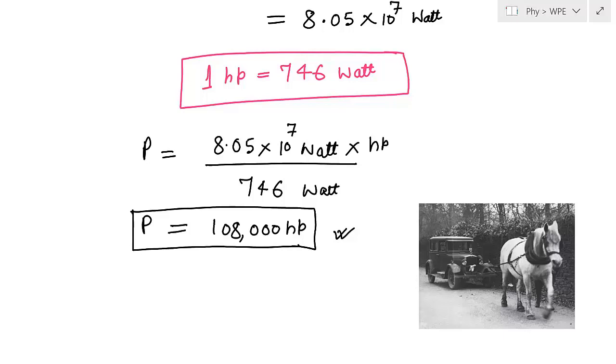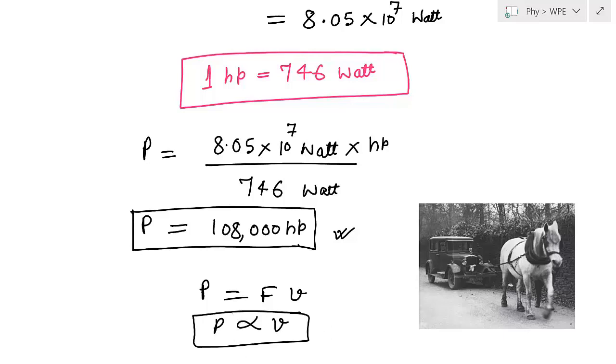If you increase the velocity, the generated power will increase. So speed is directly related to power, because power is equal to F dot V. In this case, because the angle is 0 degree, it is simply F into V. So power is directly related to velocity.